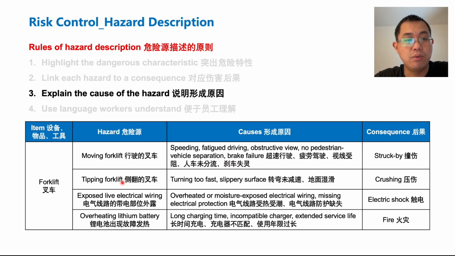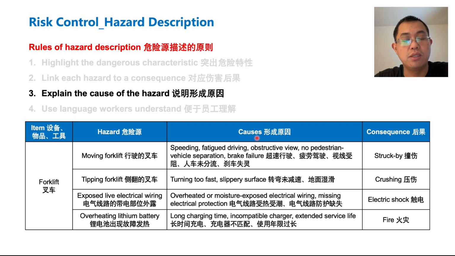And similarly, why does a forklift tip over? The possible reason could be it didn't slow down while turning or because of the slippery floor. So there's a question, why do we need to add causes of each hazard?